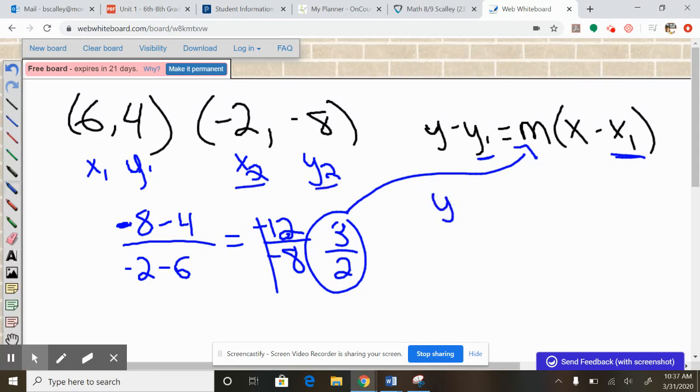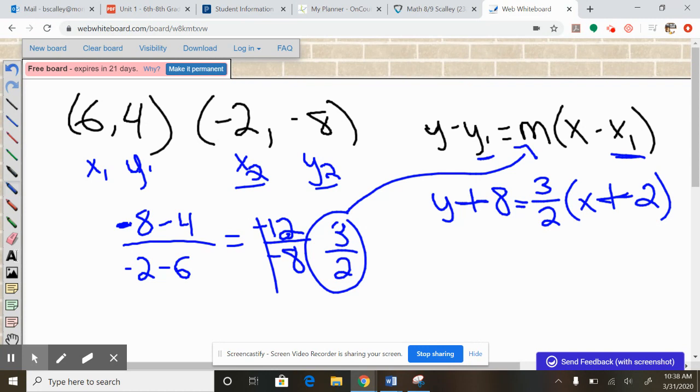So that would be y minus -8 equals m. For m, I'm going to use 3 over 2. And it would be x minus -2. Those minus negatives are going to turn into plus signs.